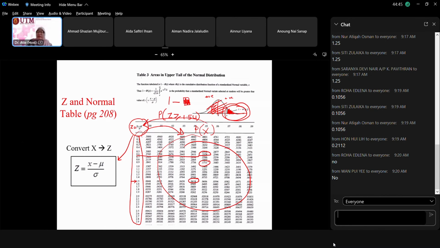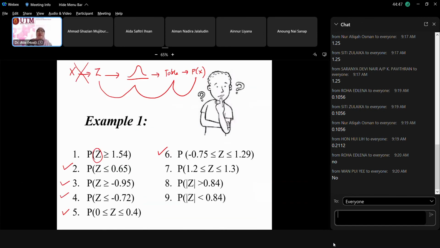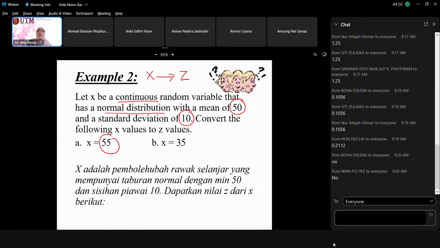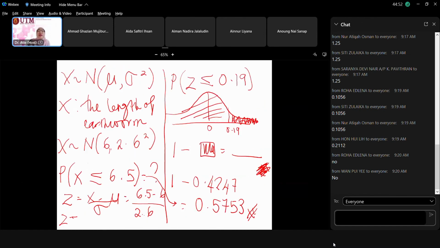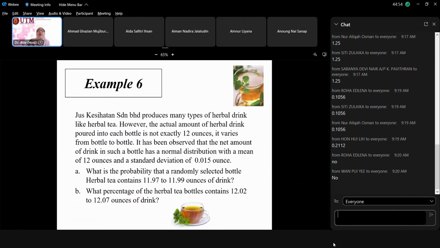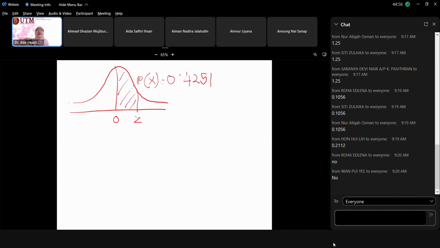Remember, when we look at the curve just now, the table only gives us this part right here at the tail side. So in order to get this area, we need to deduct 0.5 minus 0.4251.